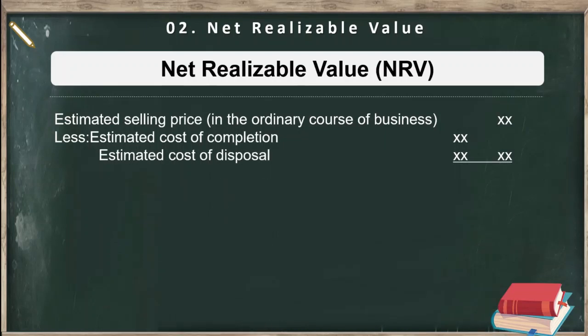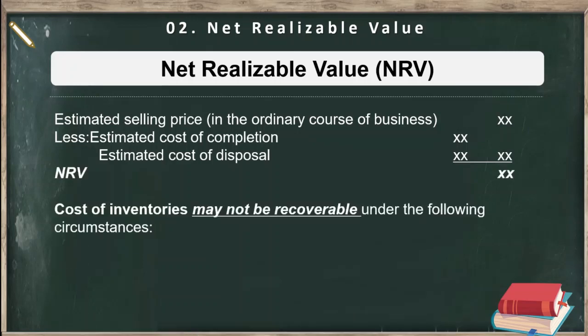And aside from that, we're going to deduct the cost of disposal or cost to sell. The total amount from these deductions, we will deduct from the estimated selling price. And that is how we're going to get the NRV.